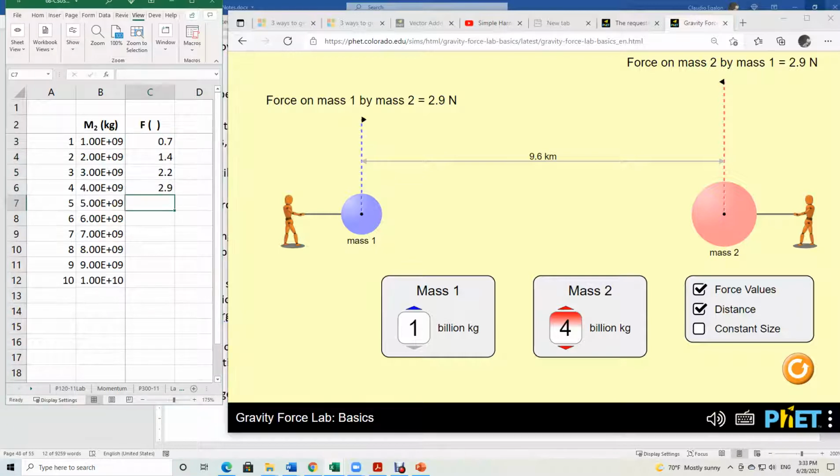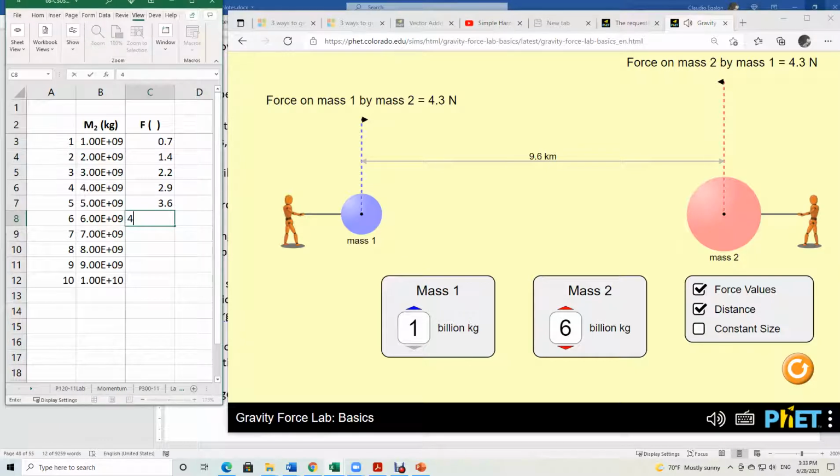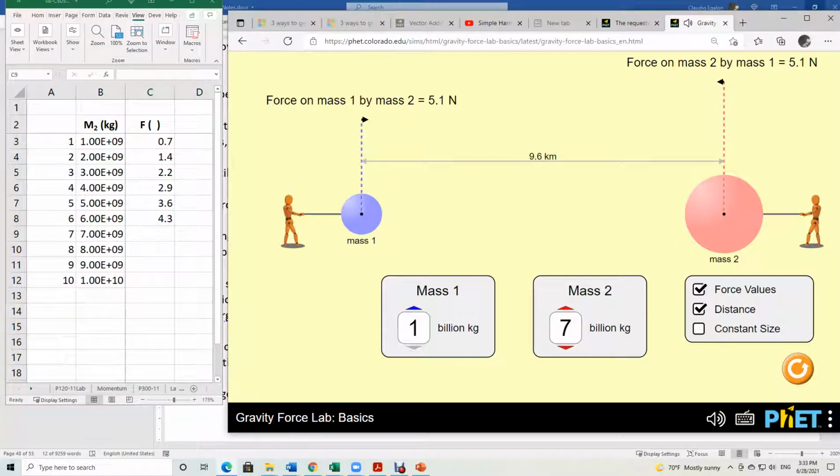5 billion, 3.6. 6 billion, 4.3. 7 billion, 5.1.